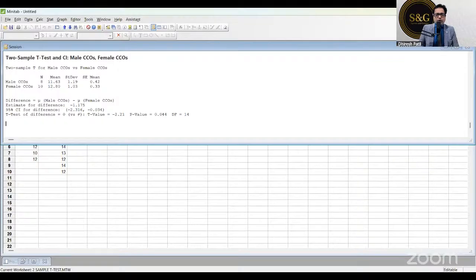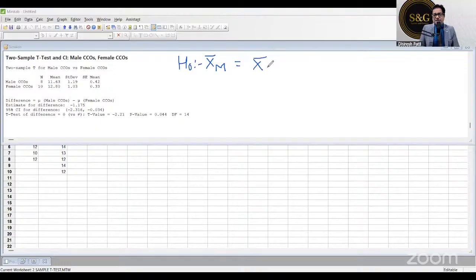So here, what we are doing is checking the average of male CCO. The null hypothesis says average male CCO is equal to average female CCO. The alternate hypothesis says average male CCO is not equal to average female CCO. Right? And then we check the p-value.